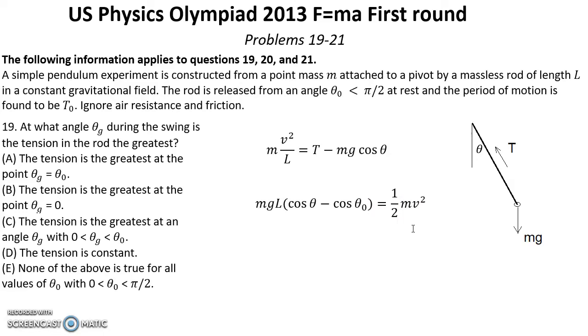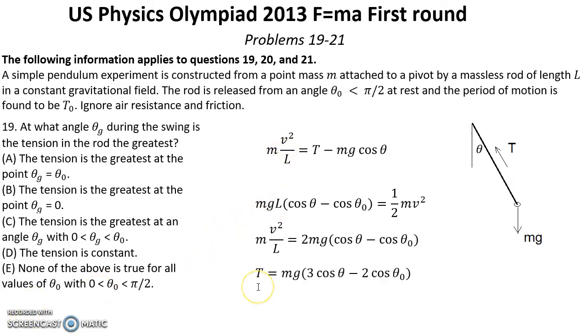And from here we can find mv squared over L. That will be this expression. And now we can put this expression into the first formula, and finally we have for tension this formula: tension equals mg multiplied by 3 cosine theta minus 2 cosine theta 0.